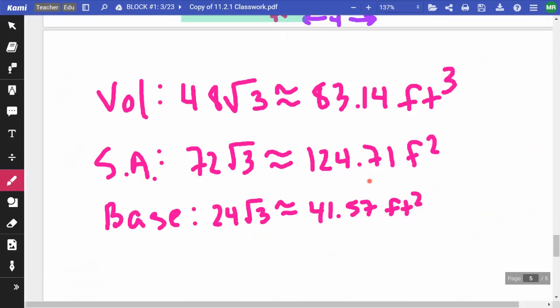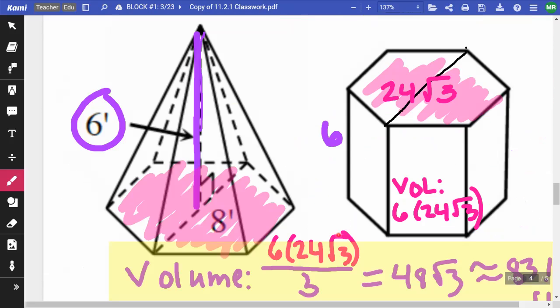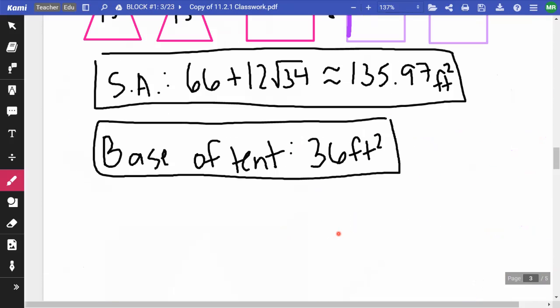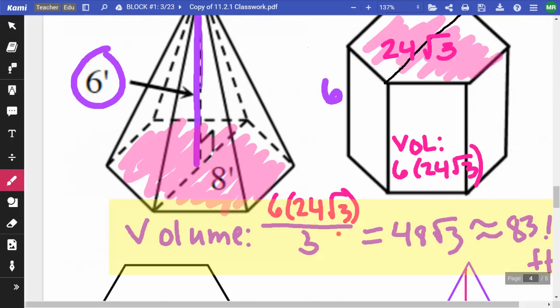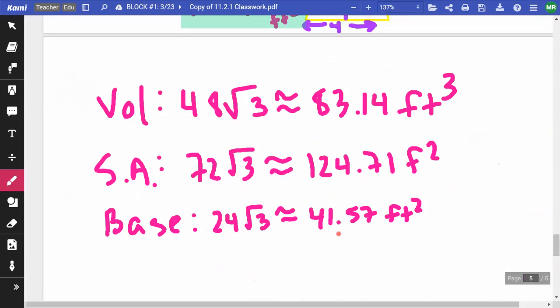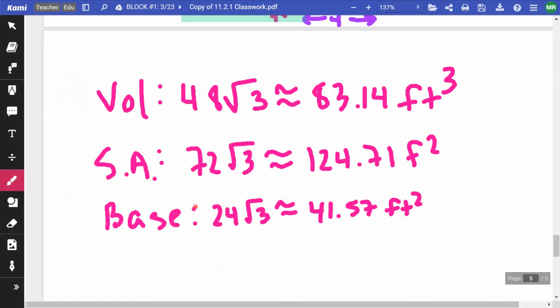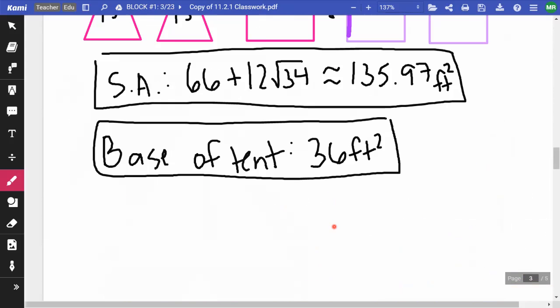So the other one's surface area is bigger, meaning the material it would take to make it is more. The base for this one is 41.57, where the base for the other is 36. So the bottom of the tent, space wise, like if you're laying out sleeping bags, this one's bigger than the other one.